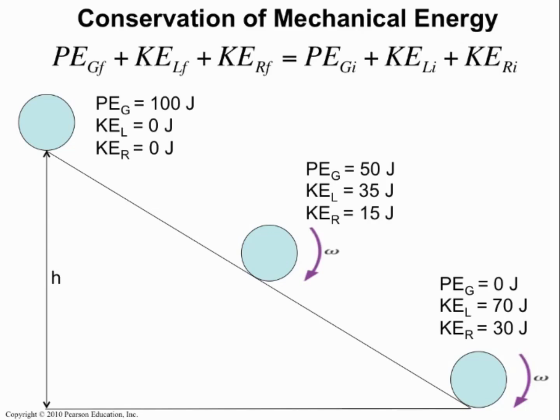It starts out as 100 joules of pure potential energy. Then about halfway down the ramp, it's got about 50 joules of potential energy, and the remaining 50 joules of kinetic energy is spread between KEL and KER. And finally, at the bottom, we have no more potential energy, but all 100 joules are KEL and KER.